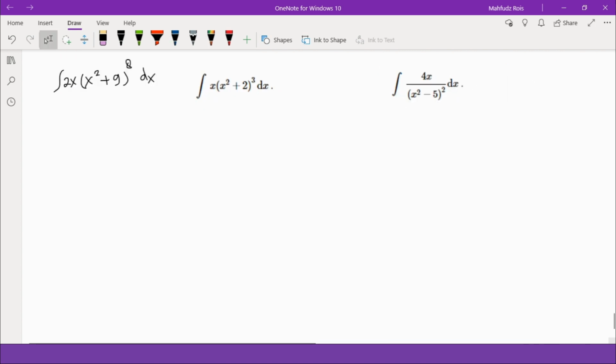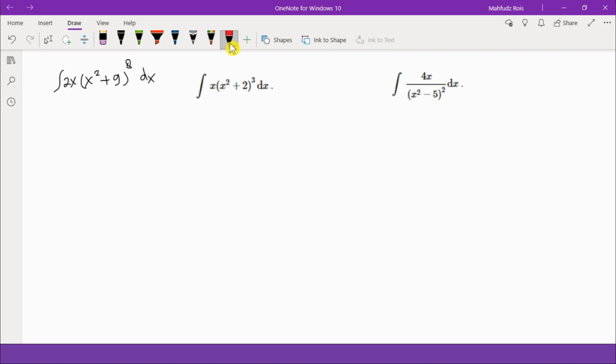Another example, how we perform this by substitution. Here we have the integral of 2x times (x squared plus 9) to the 8th power dx.